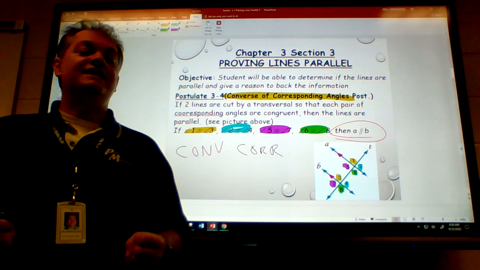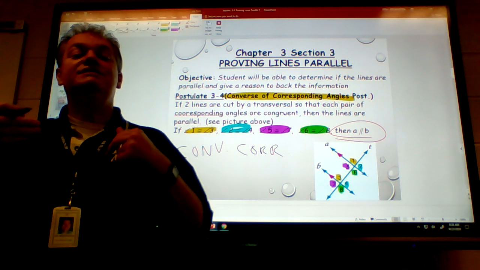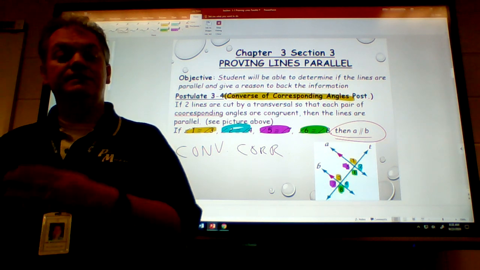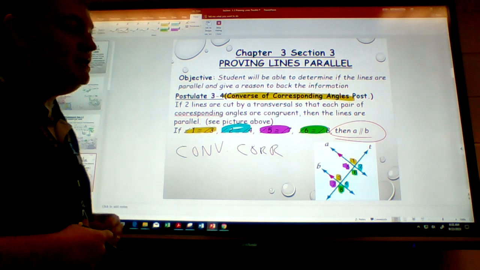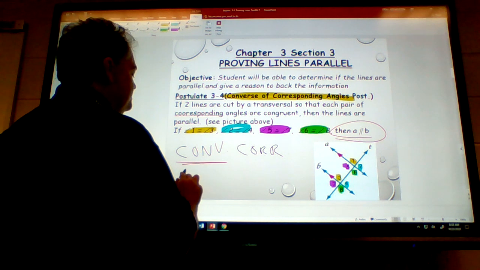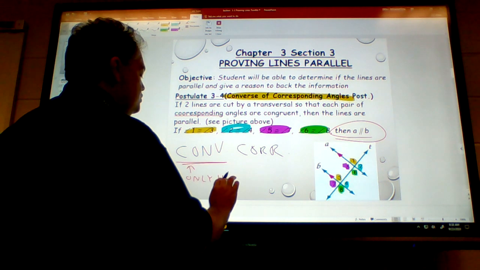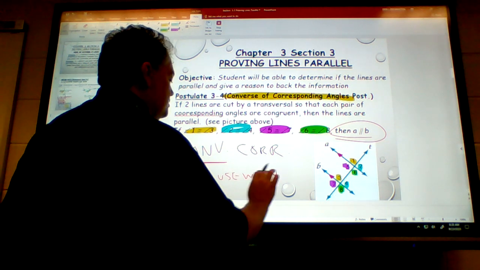Before we said if the lines are parallel, then the angles are congruent. Well, this time we're saying if the angles are congruent, then the lines are parallel. We're just going backwards. So converse of, now the only time you ever use converse is proving lines parallel.